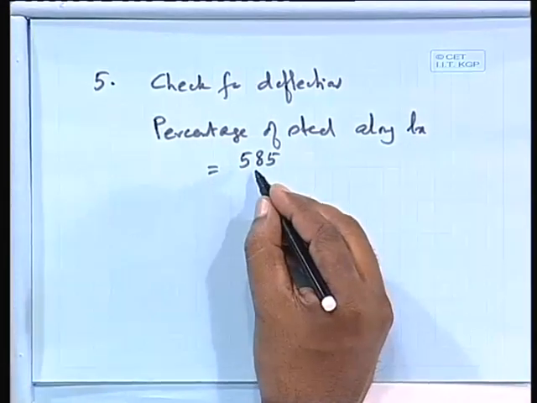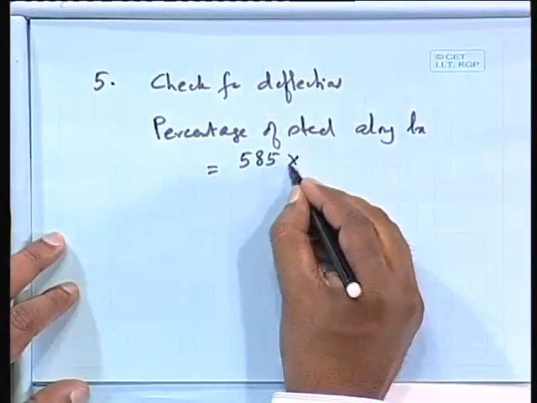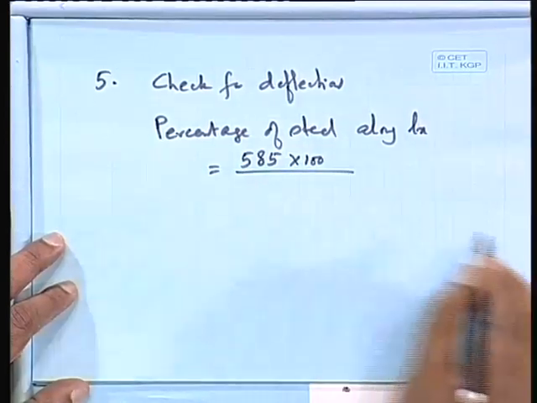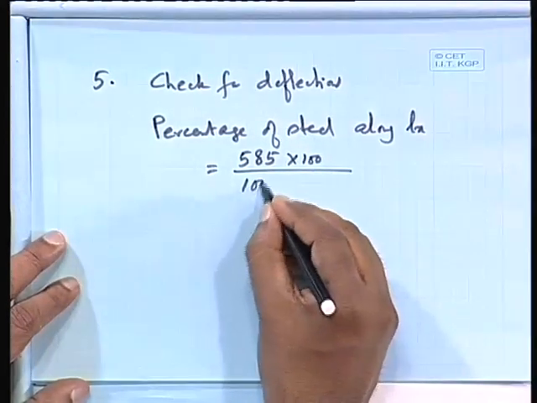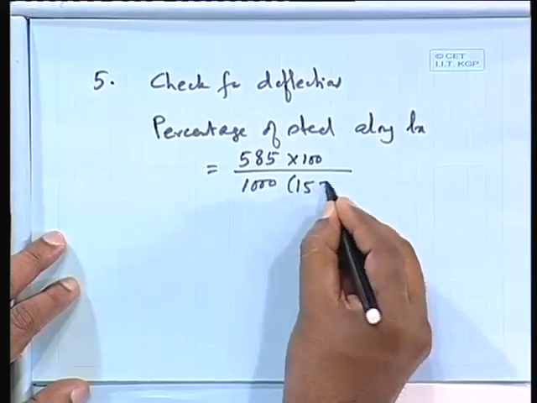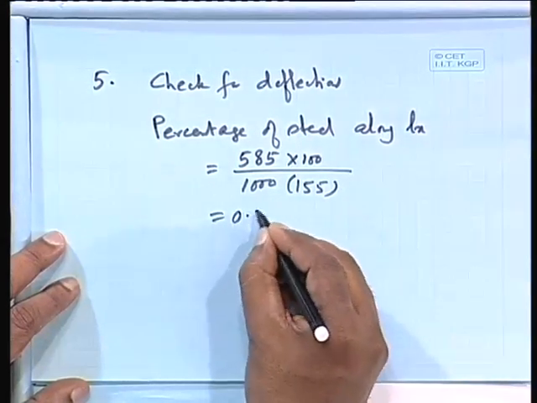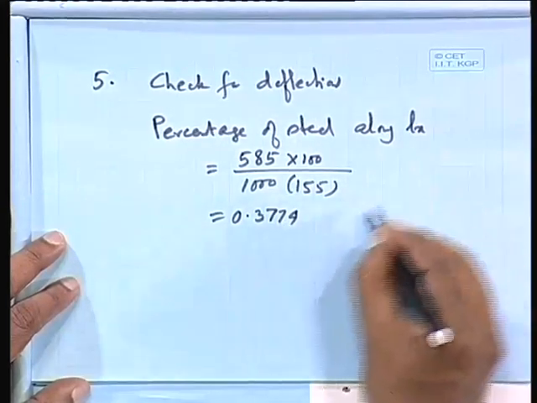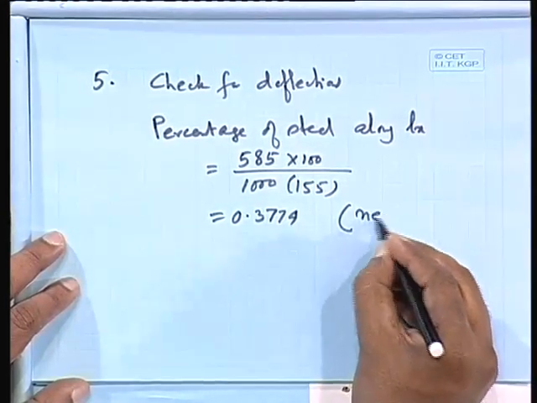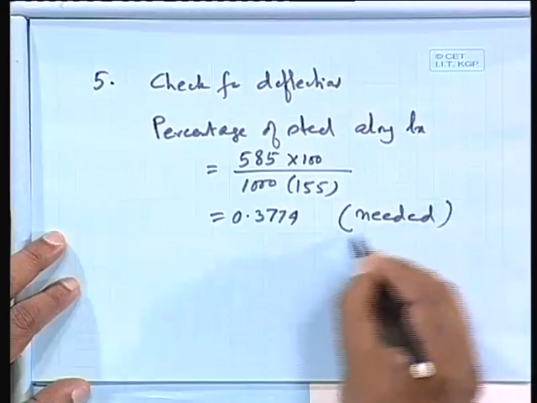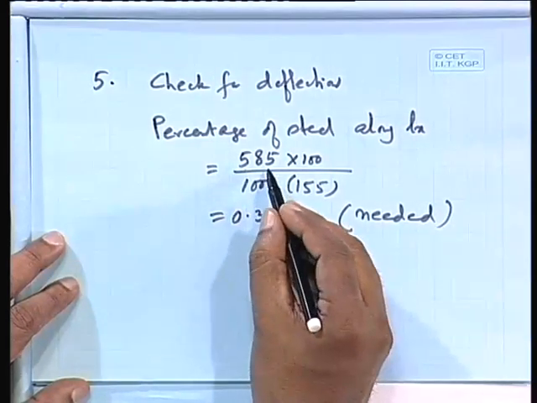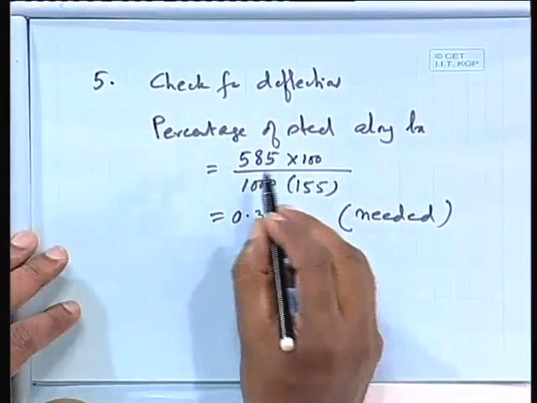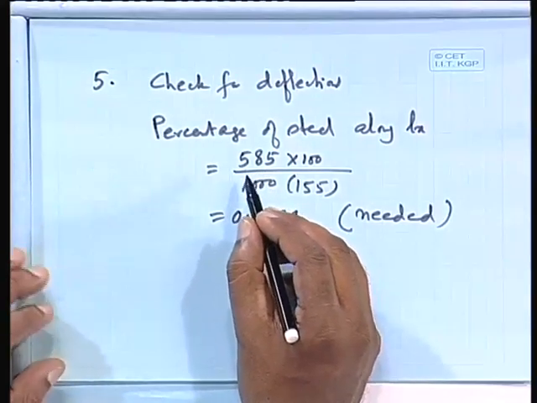We shall take how much is actually needed, how much is required, not how much you have provided. Please note 585, which we have computed, that is how much we require, not how much we have provided.